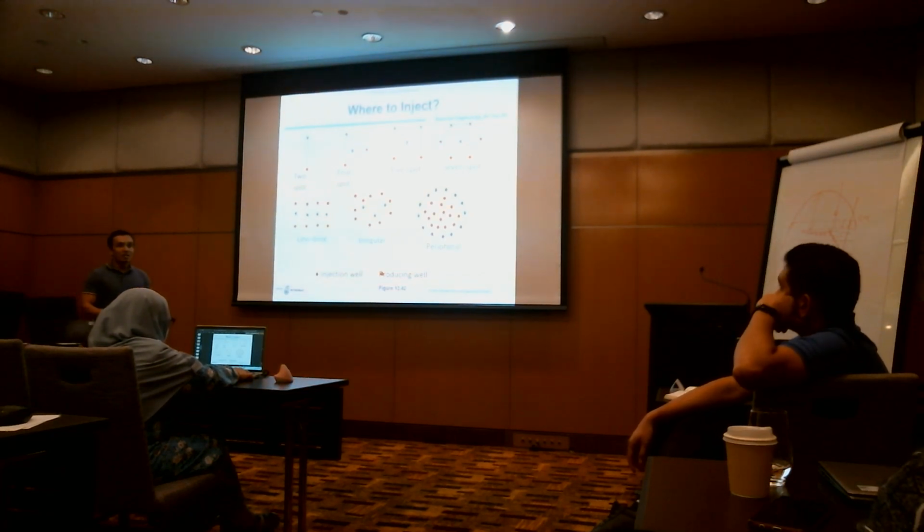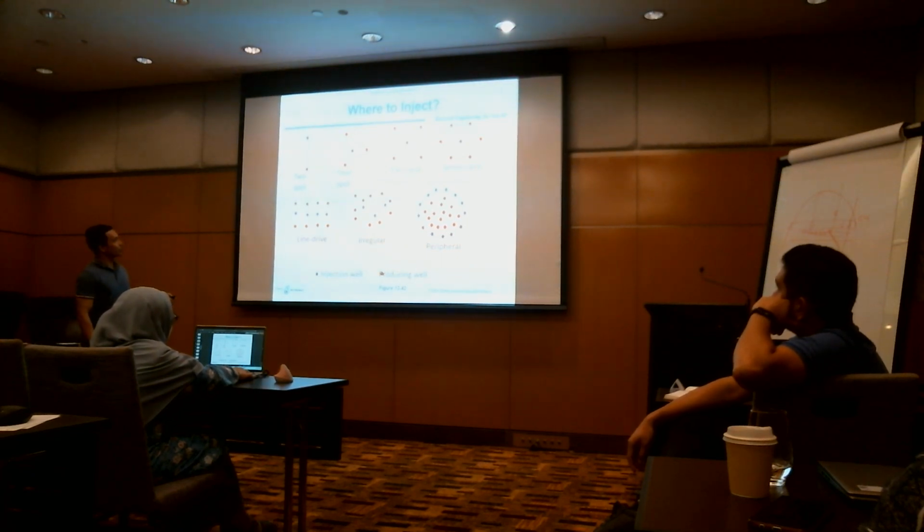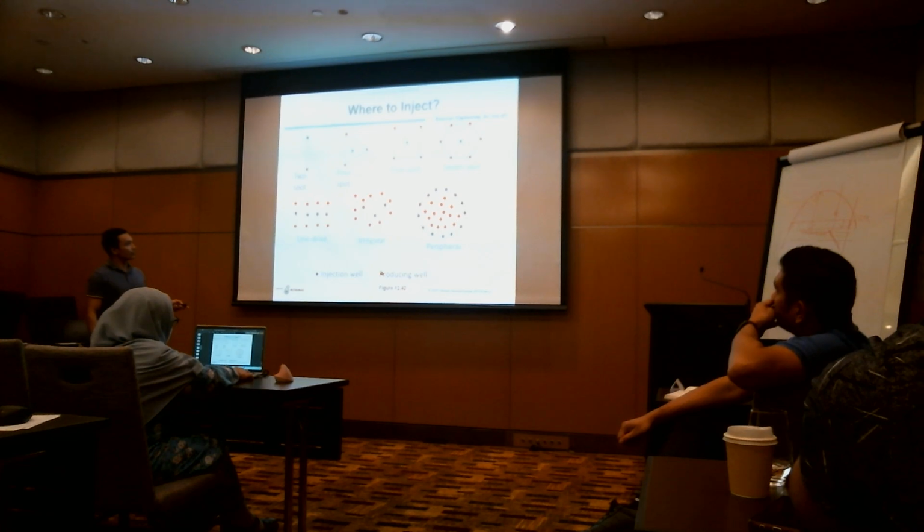This is more on how you design your well placement to sweep the oil. Sorry, I was talking about the inverted pattern just now. This is the procedure for injection.